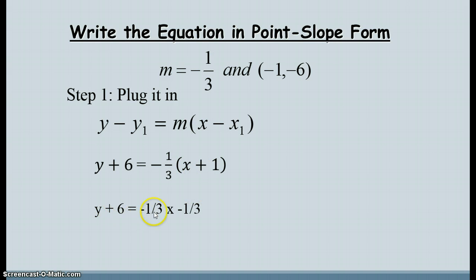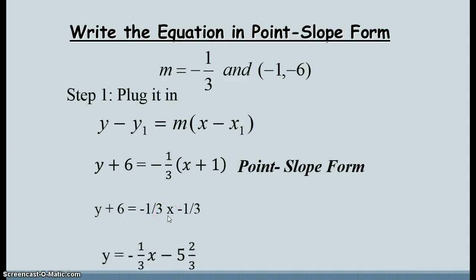So we calculate this, and we're going to get a resulting y equals, because we have to clear this number, we have to pass it to the right side so I can have my y left alone, in order to get to the following step: y equals -1/3 x minus 5 2/3. And this will be in the slope-intercept form.